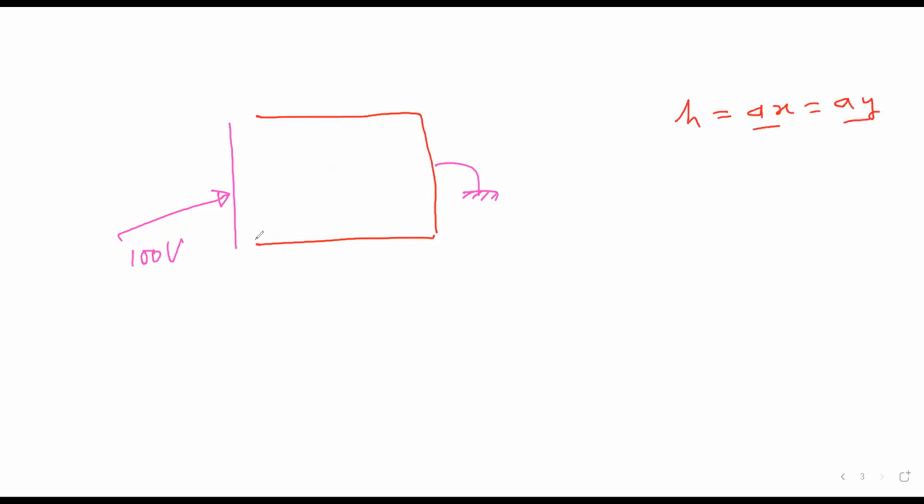Then how many grid points do we need to choose? Consider, for example, that this length is 1 meter, and this is also 1 meter. If we choose a step size of 0.25 meter, then how many sections will there be?